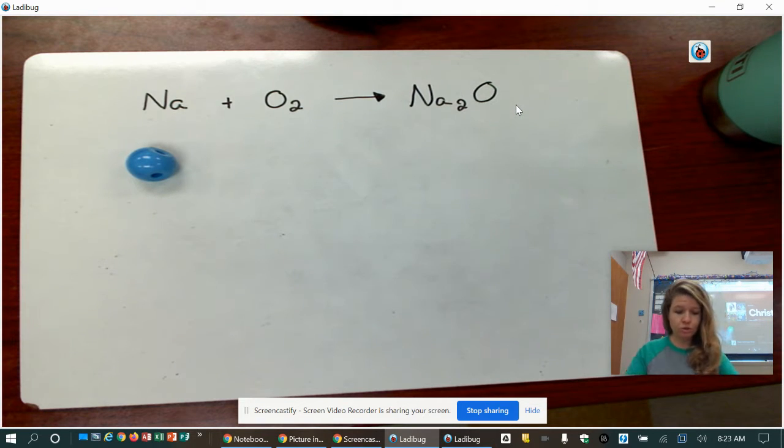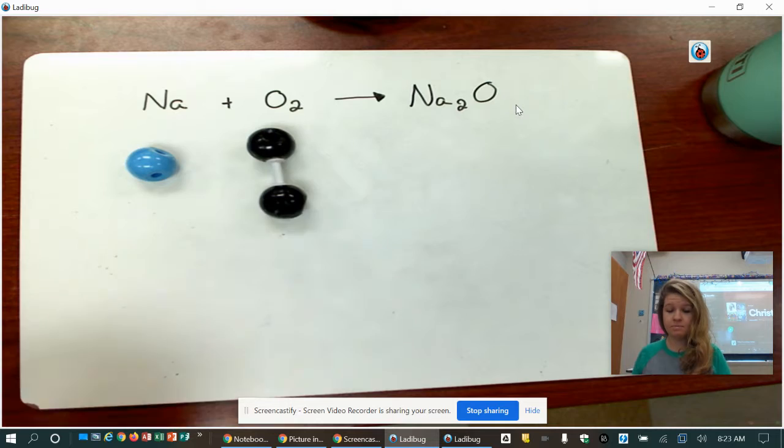And my O2, remember the subscript tells you how many atoms you have in that bond. So in an O2 bond, I have 2 oxygens. So I have this one, and I have this one. So here are my bonds.